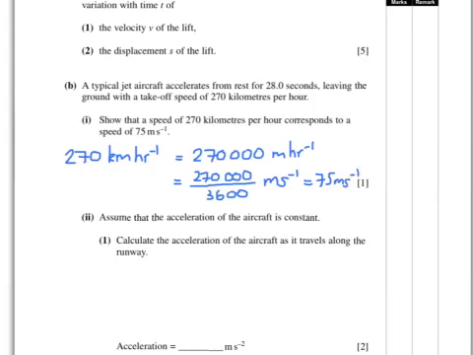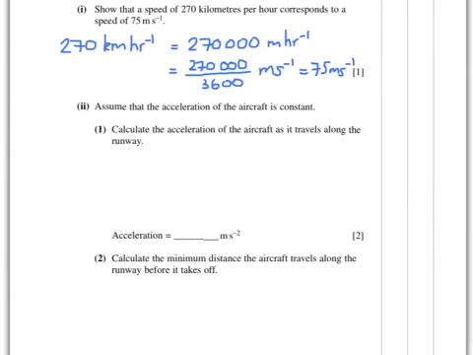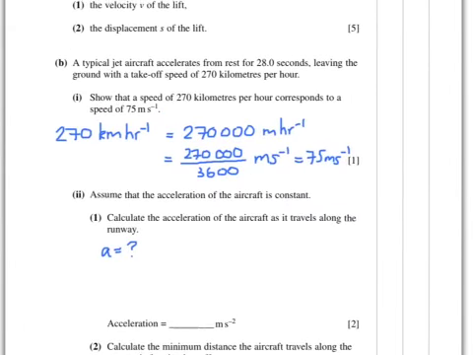There we go. Next up, we are to assume that the acceleration of the aircraft is constant. Calculate the acceleration of the aircraft as it travels along the runway. Acceleration is our unknown here. It's starting from rest, so u is going to be 0. Our time is 28 seconds, and it leaves at takeoff at 75 meters per second.